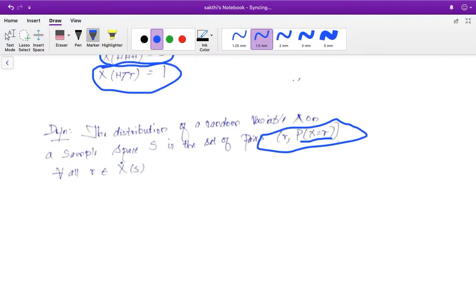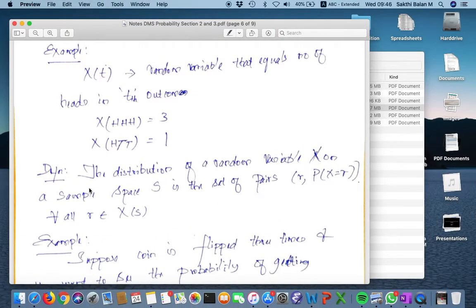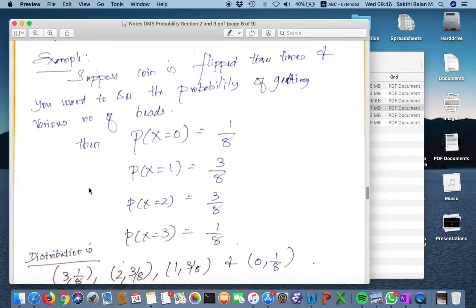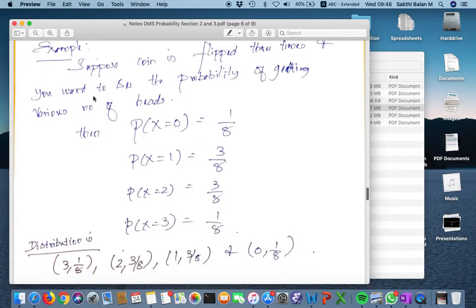Let us see the examples now. Suppose the coin is flipped 3 times and you want to see the probability of getting various numbers of heads. The experiment is simple. What is that experiment?